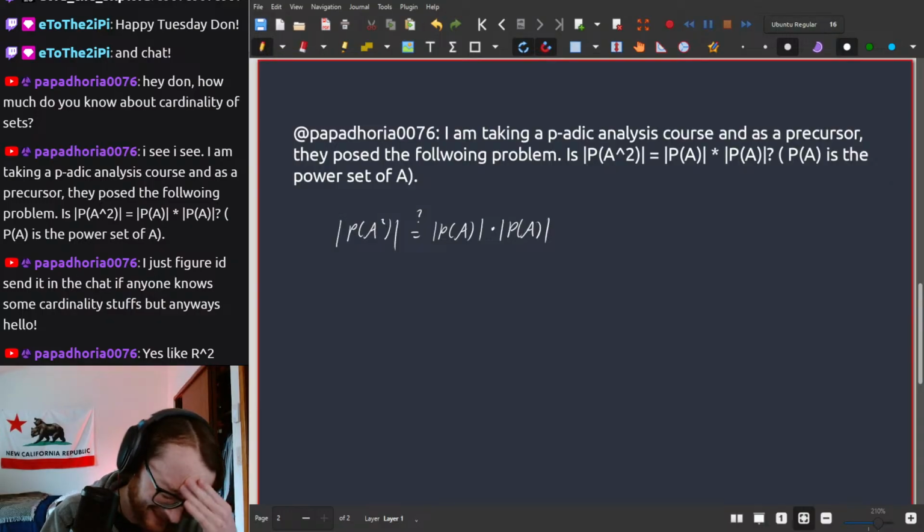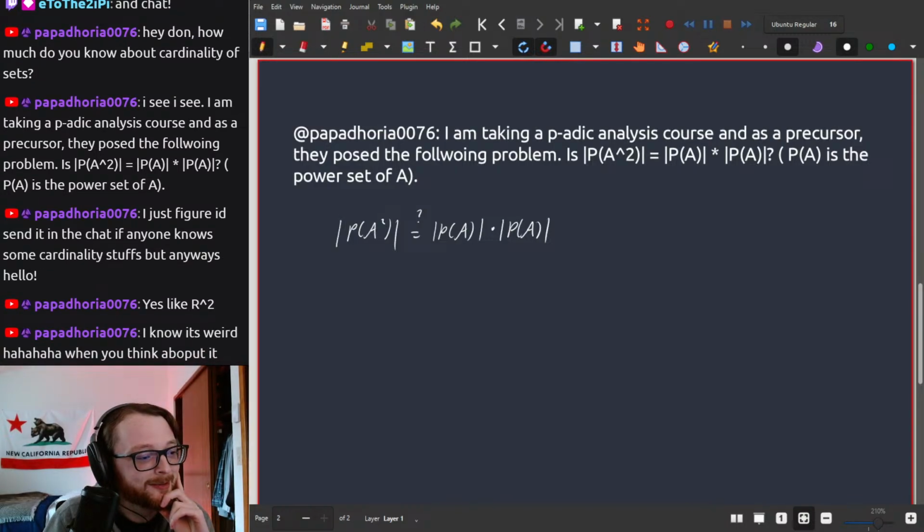No. I don't know. It's the power set of A squared. The fact that they're power sets makes it harder for me to think about this.